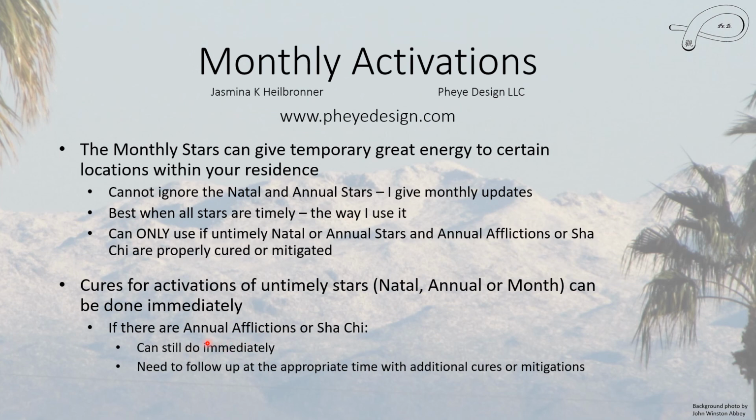If there are additional annual afflictions or Sha Chi in that area where you've activated an untimely star, you still do it immediately because that helps tamp it down and doesn't make it get any worse. But you also need to follow up with the appropriate time or location for the Sha Chi with additional cures or mitigations so that you've stopped all the negative stuff in your house for that given year.